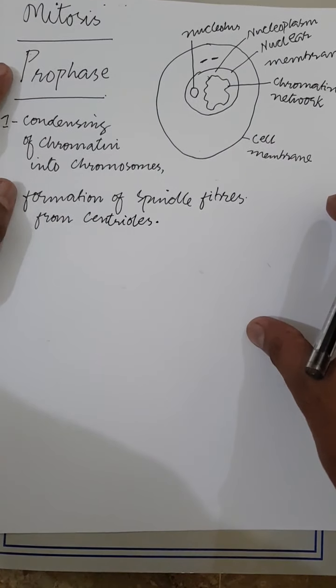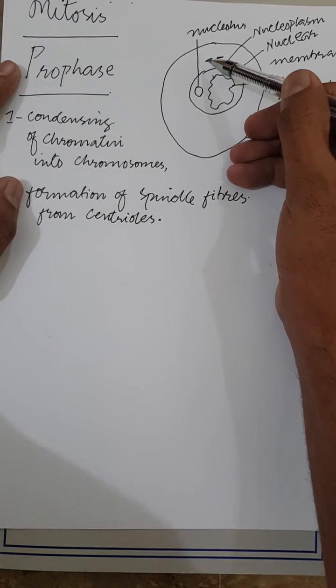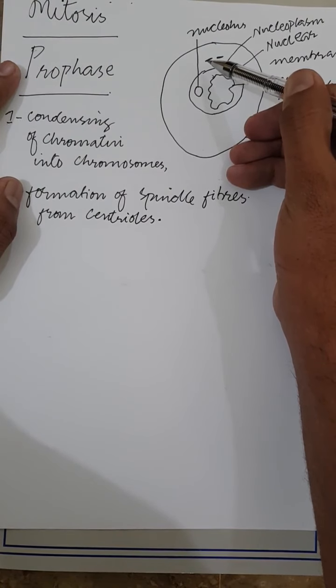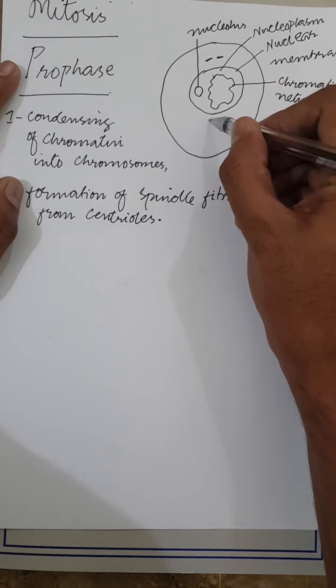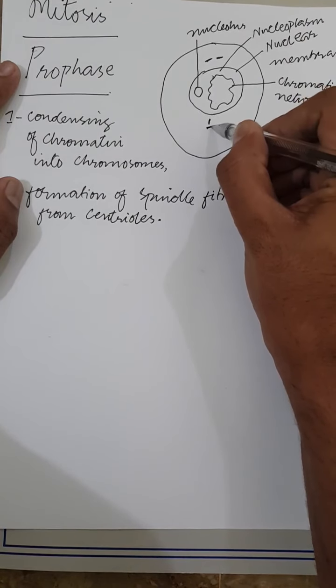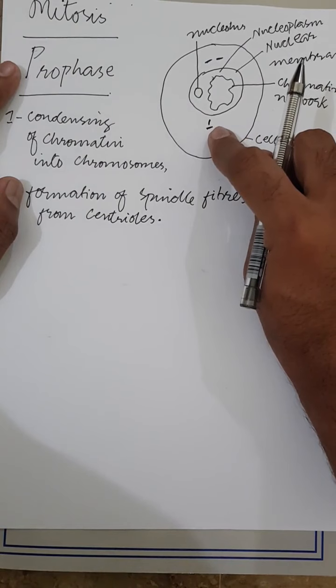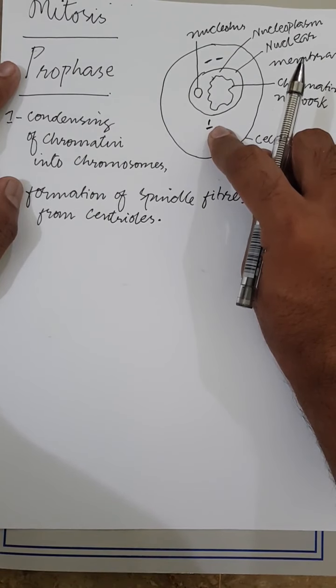Remember that this is within itself the two bodies, so it will move. This is called a pair of centrioles or a set of centrioles.